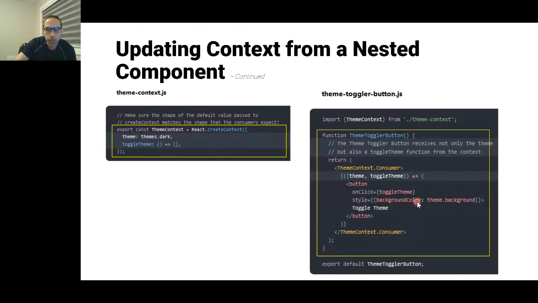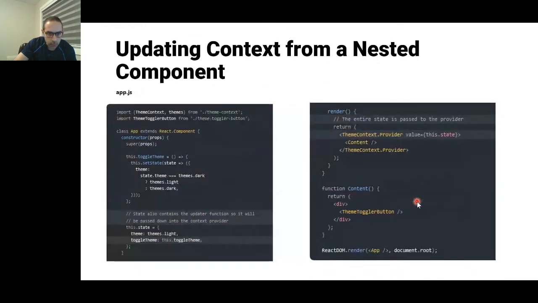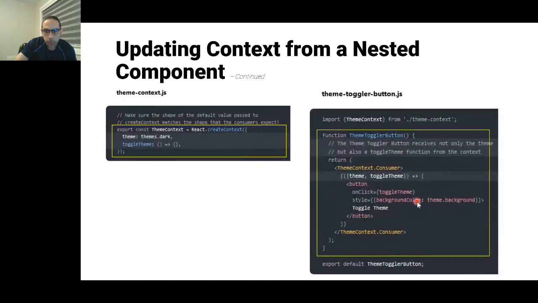It seems like I'm missing one screenshot, which had the implementation of the toggle theme, which was actually flipping the theme from .dark to .light.